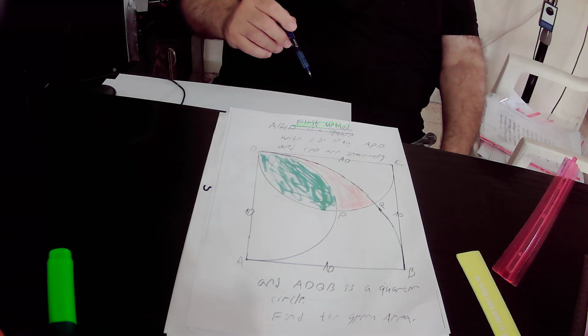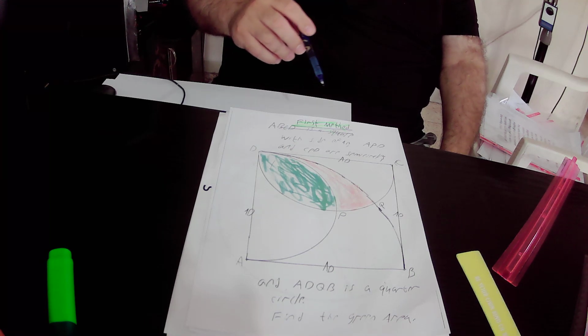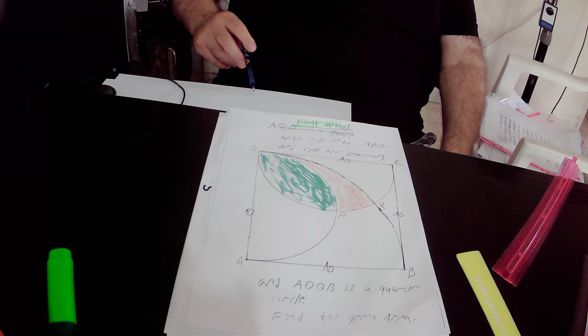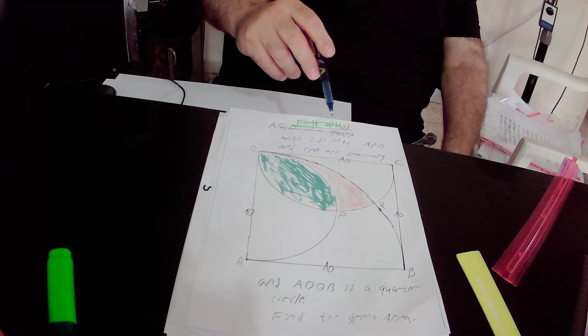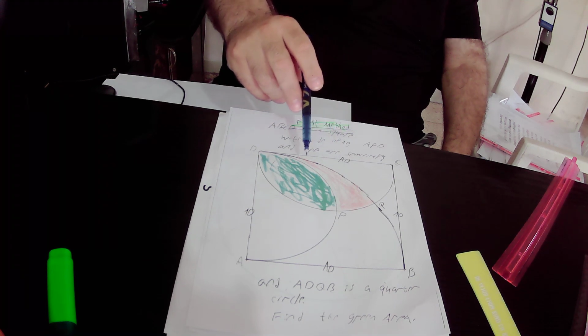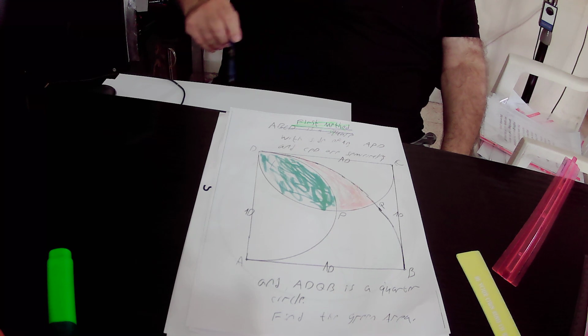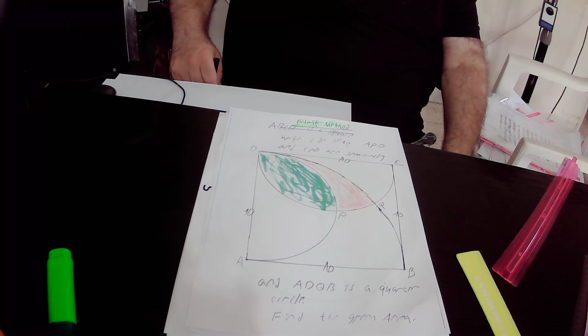We'll also use the same formula in order to find out the area of the big lens. We'll subtract the two areas from each other. The area of the big lens minus the area of the blue lens is the area of the orange shape. This will be the first method.